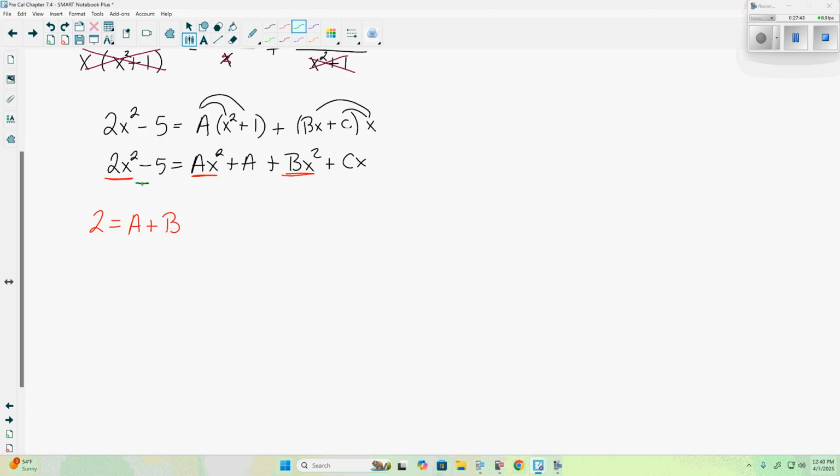Do we have an x term on the left-hand side? Well, no, it's not written, so it's understood to be 0. If a term's not there, it's going to be 0x. So 0 would connect to our cx, or just c, so in our case here, c is 0.